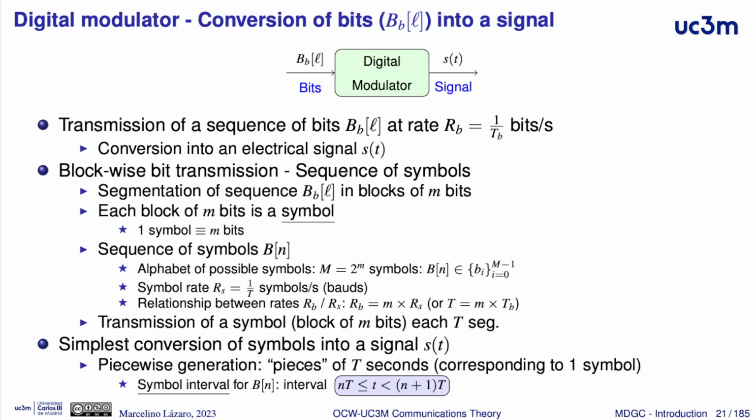Each symbol, for instance the symbol transmitted at discrete instant n, has associated a symbol interval, the interval between n times the capital T, n times the symbol time duration, and n plus 1 times this duration. This is the symbol interval for the symbol transmitted at discrete instant n.